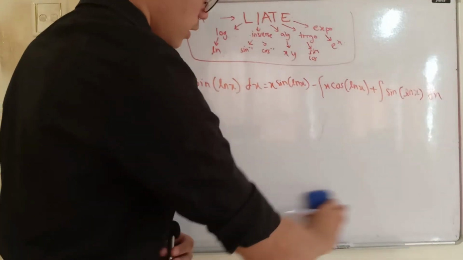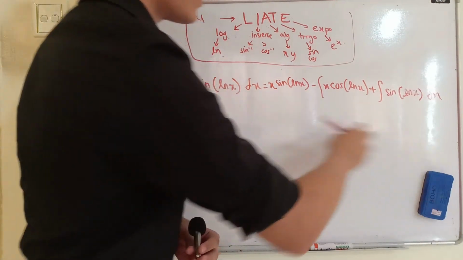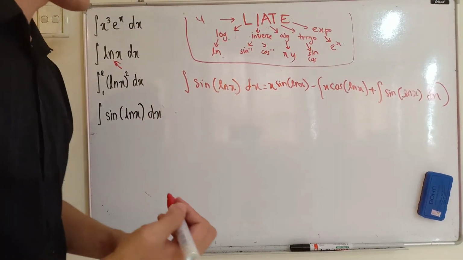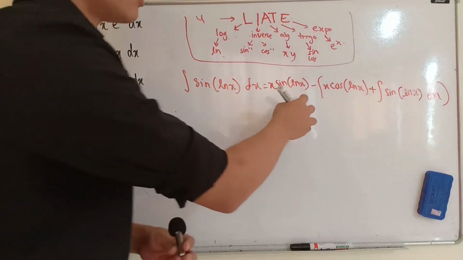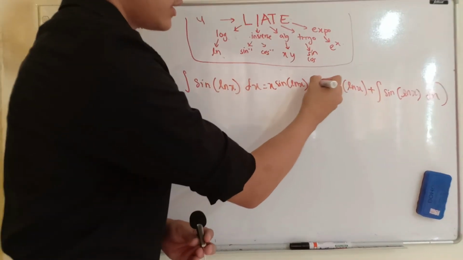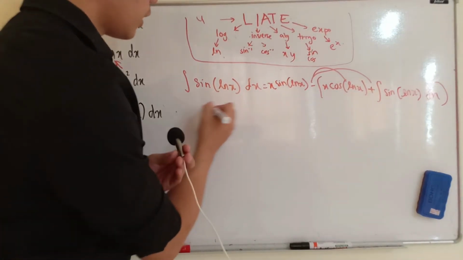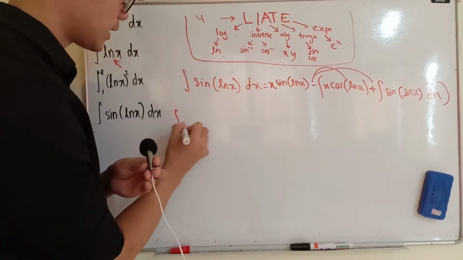After I substitute in, first I expand it. I just expand this minus, giving it to the cos and to the sine.